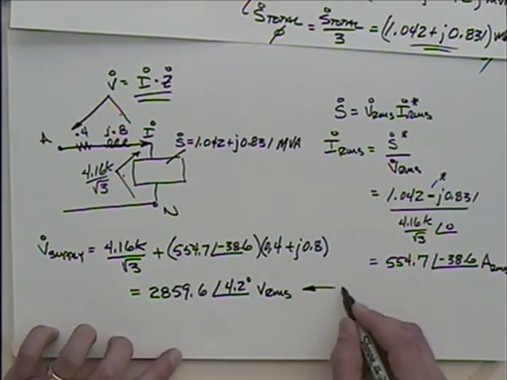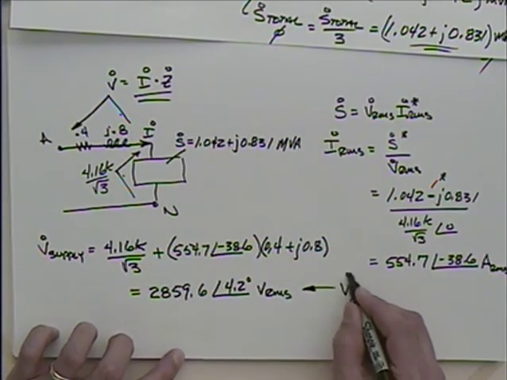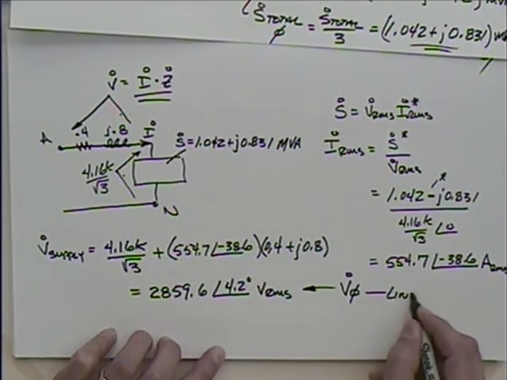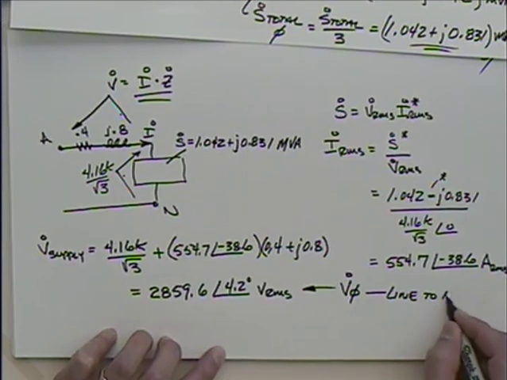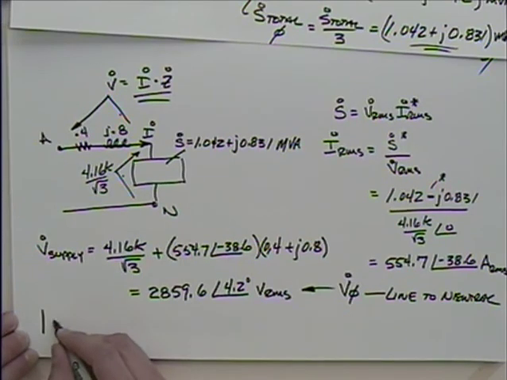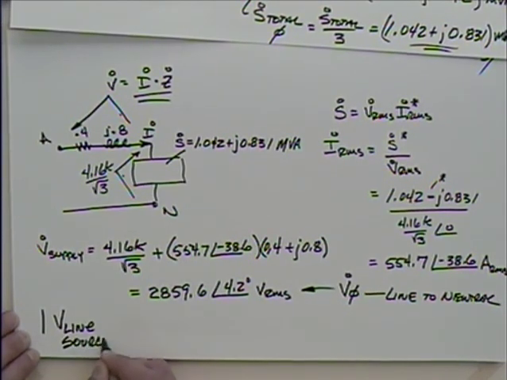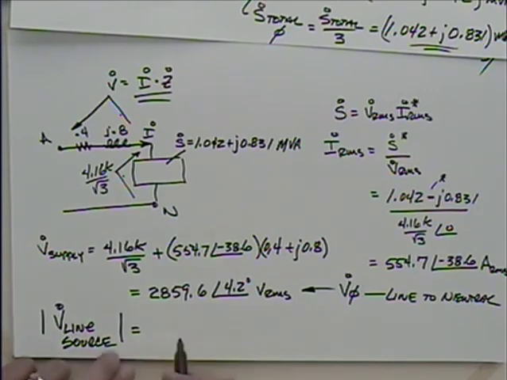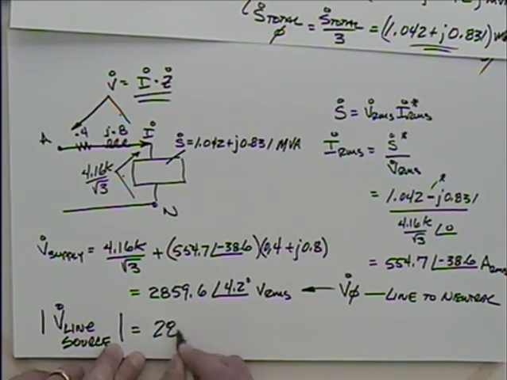Now that voltage is the phase voltage, which is line to neutral, right? Okay. So if I want to find the magnitude of the line voltage at the source, what would that be? 2859.6, and then what do I have to do to that?